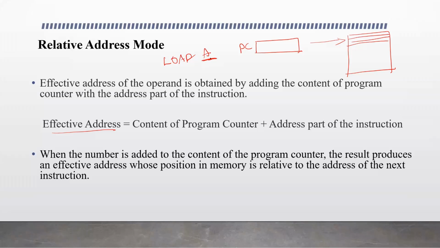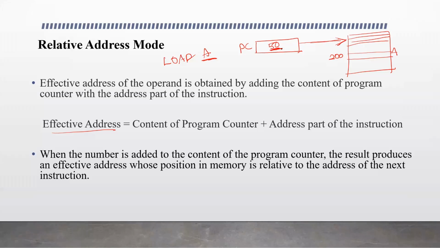How do we calculate this? Suppose this is A in memory, location A, and let's say the address is 200, and let's say PC is 50. The instruction at the 50th location in memory is the next instruction, so the program counter is holding the address 50.